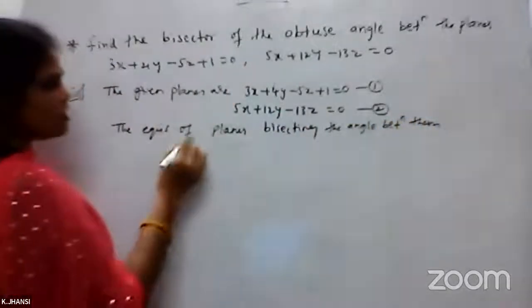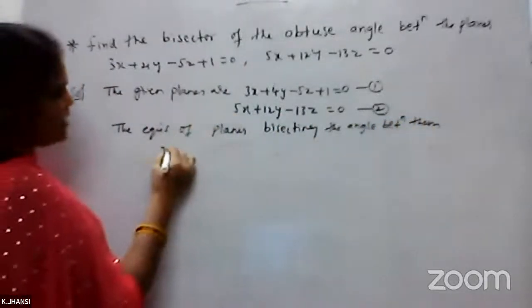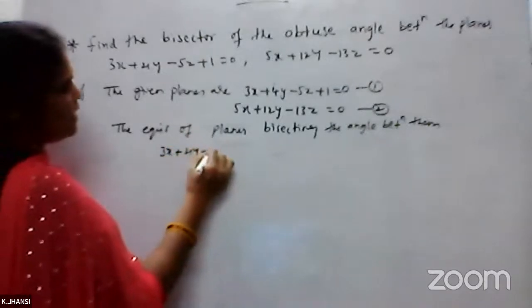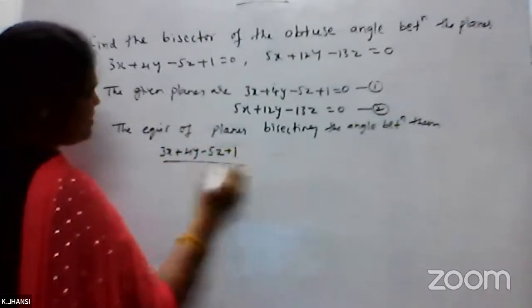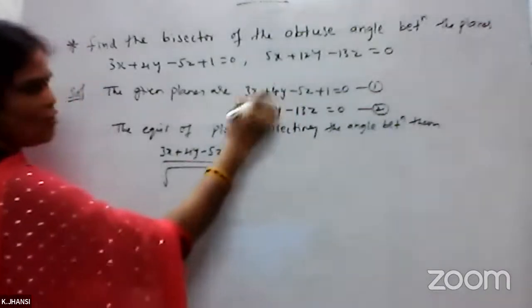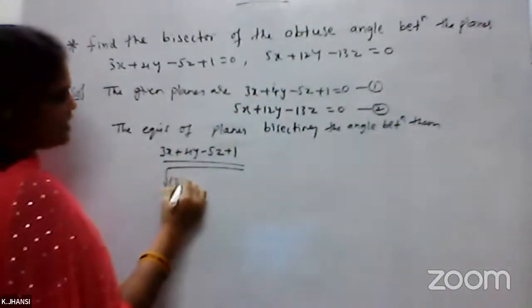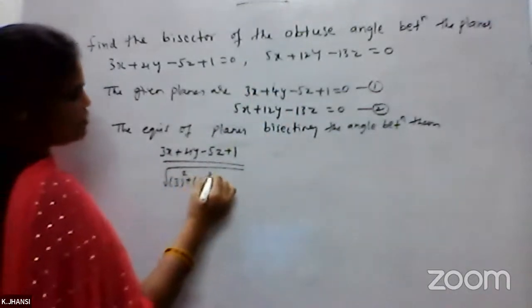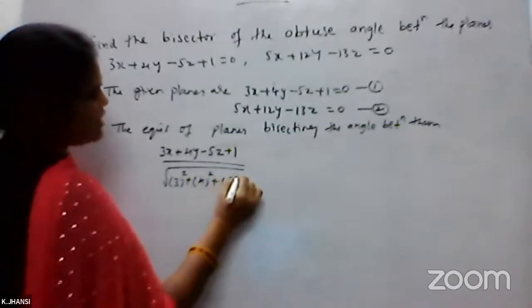Okay, it is equal to, whatever the formula is there, (3x + 4y - 5z + 1) by the square root of the coefficients of x, y, z, that is 3 square plus 4 square plus (-5) square.